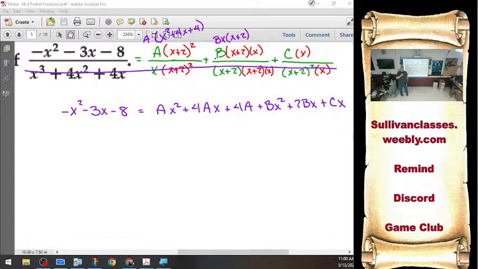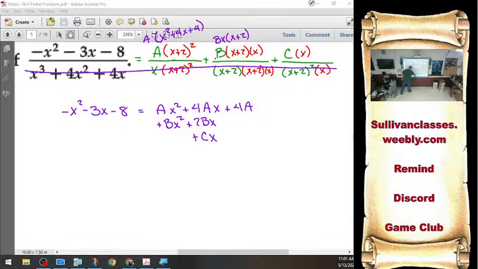You can design your multiplication in such a way that it is organized for you. Instead of hunting for my like terms, what if I just multiplied in such a way that I stacked stuff? Okay? Just like the box method. Just like when we distributed our big polynomials way back in chapter 1 and 2.